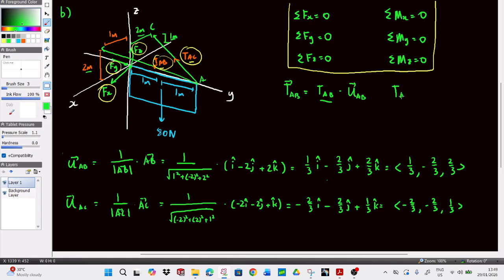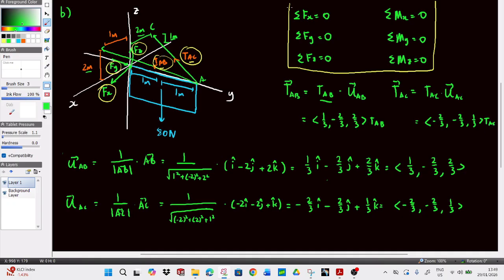Likewise, the same goes for TAC, which is simply TAC times UAC. So quite simply I could say it's 1/3, negative 2/3, and 2/3 TAB, and then you have here negative 2/3, negative 2/3, and 1/3 TAC.